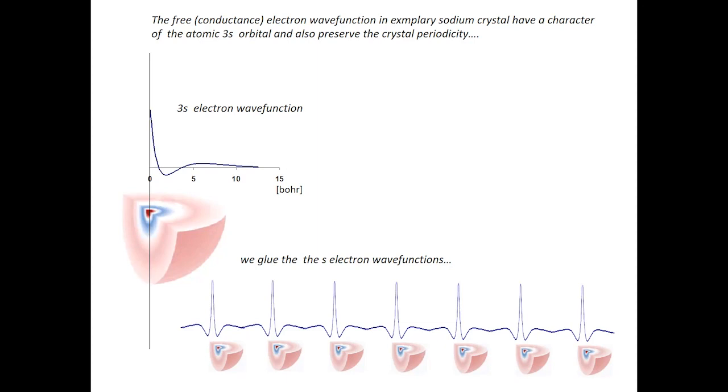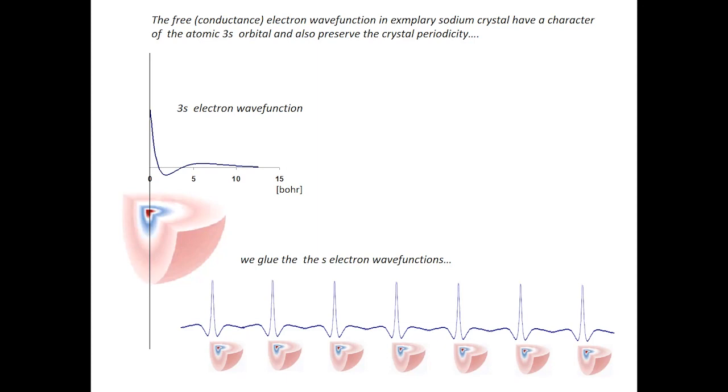So you may construct this wave function, or no, it's not the wave function actually, but you may think at the beginning, okay, this electron feels this atomic potential. The electron does not have eyes or ears. It does not know where it is, so it just feels the potentials, and that's it.